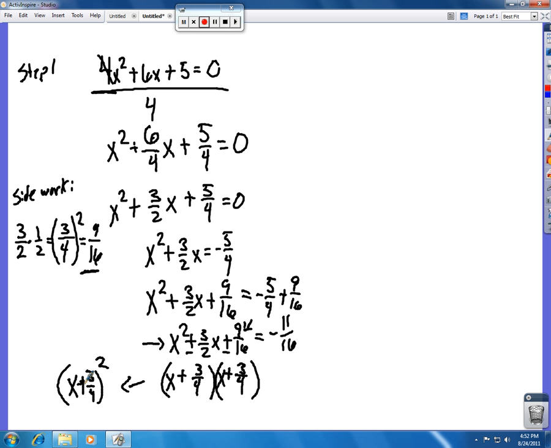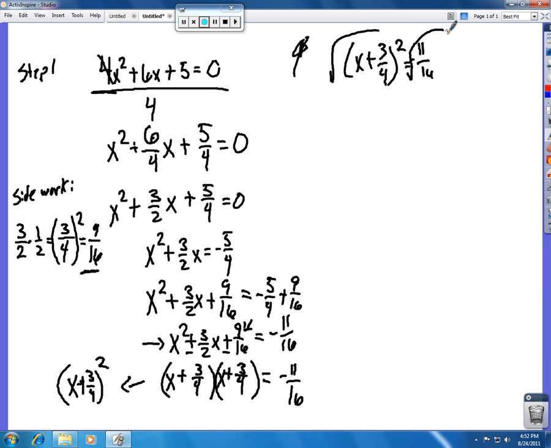Okay, so let's go ahead and sub that in. And we'll go up here and start writing up here. That's negative. So now, what do we do to keep going? Well, we're going to take the square root of both sides. And the radical and the square will cancel out, so you're left with x plus 3/4 equals, and that of course is equal to plus or minus the square root of negative 11 over 16.